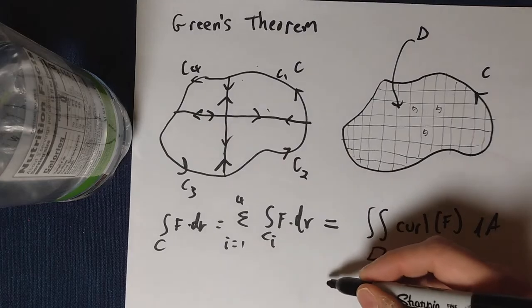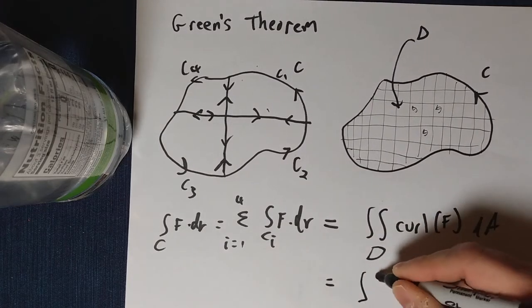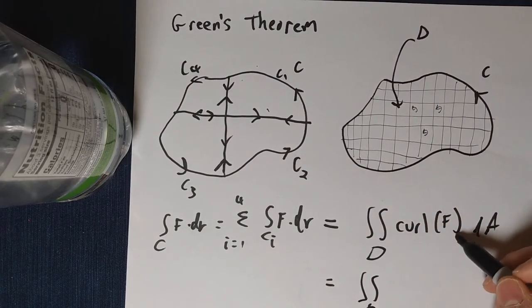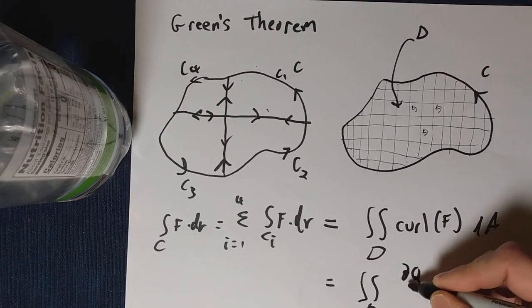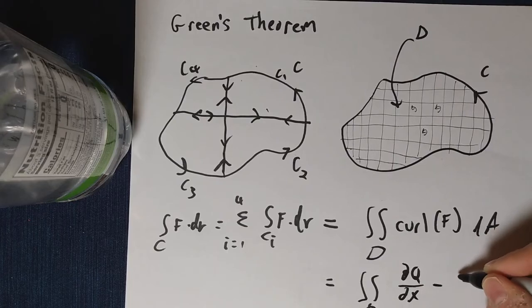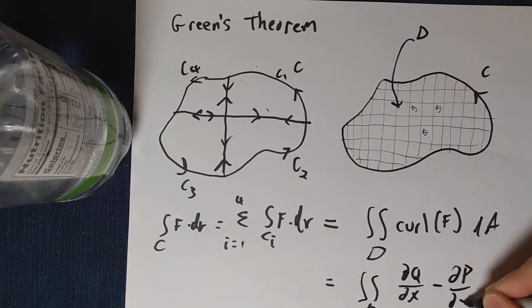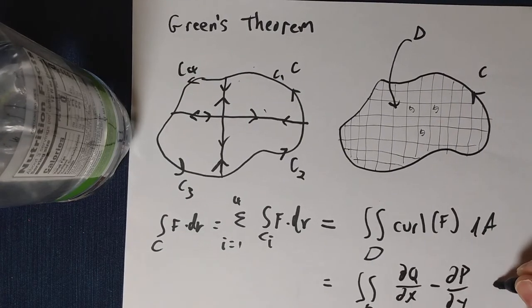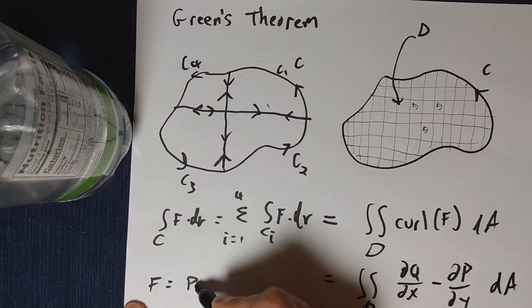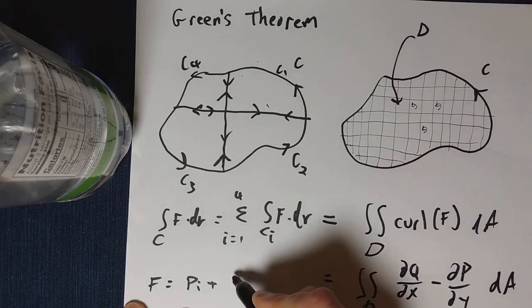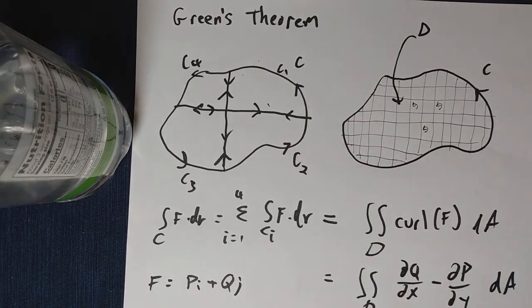Which, as earlier, we described that the curl of f is given by this scalar function, the partial of q with respect to x minus the partial of p with respect to y. And that's for a vector field f with x component p and y component q.